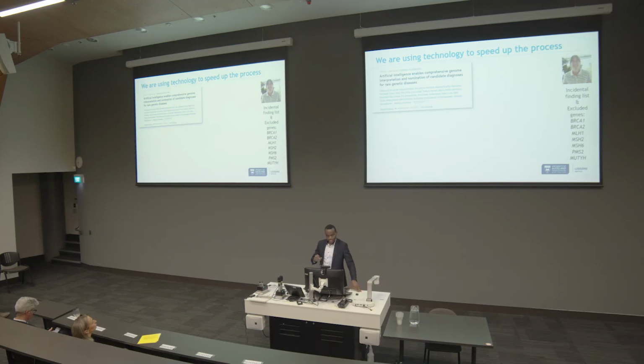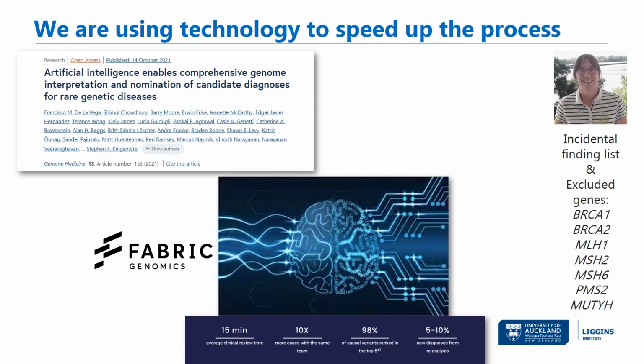And she will be spearheading the curation and reporting of the clinically actionable mutations to the clinicians. And just to show the AI technology that we'll be using, Fabric Genomics, which will help with the genomic interpretation and identifying the clinically actionable genetic mutations.